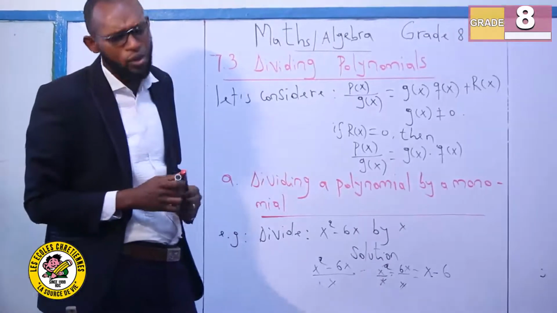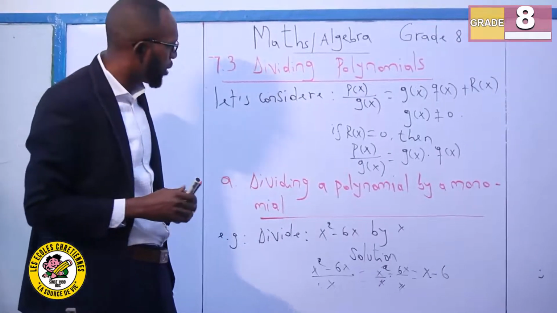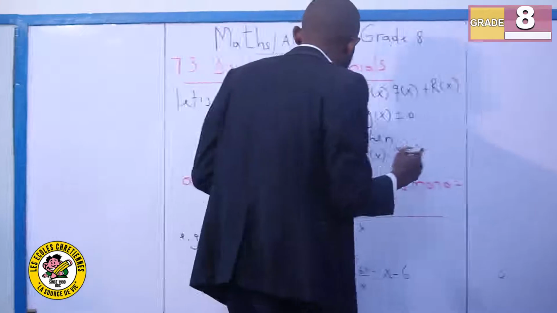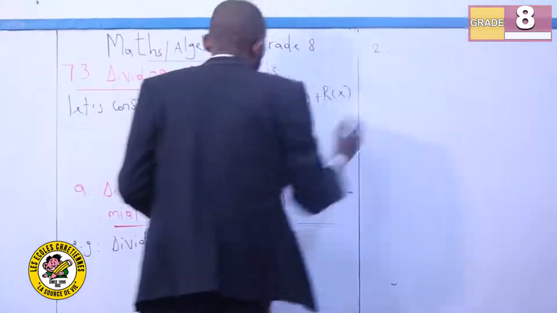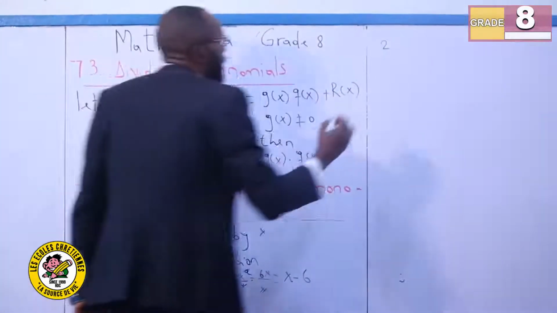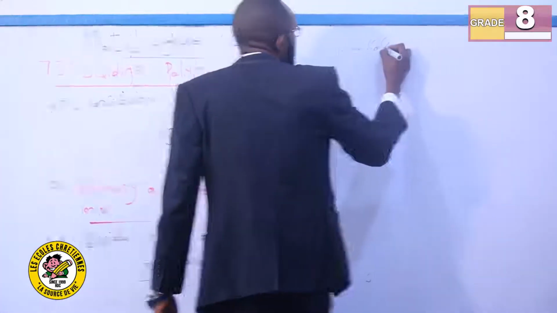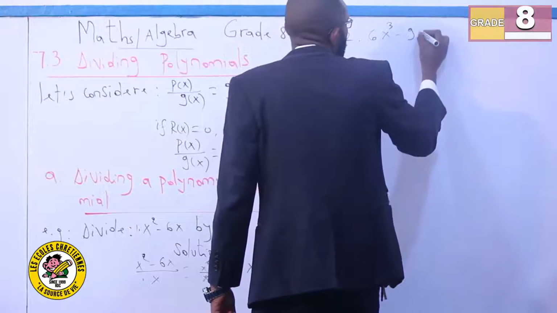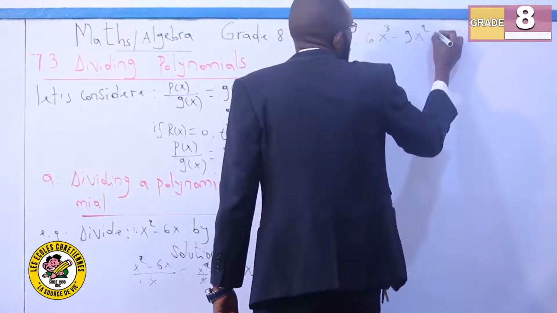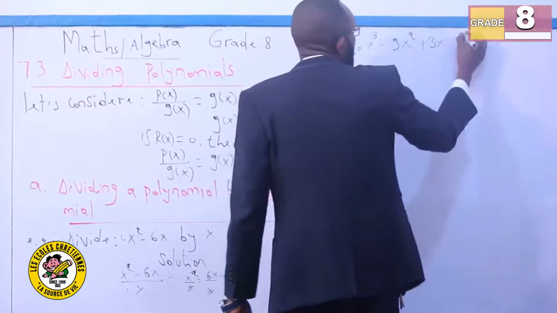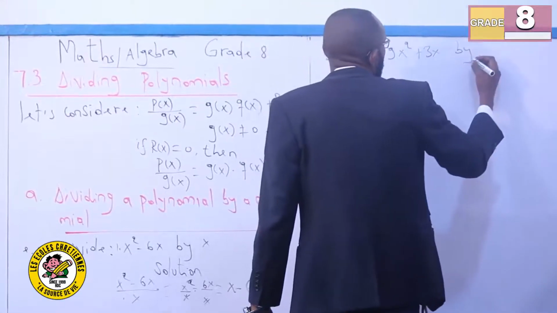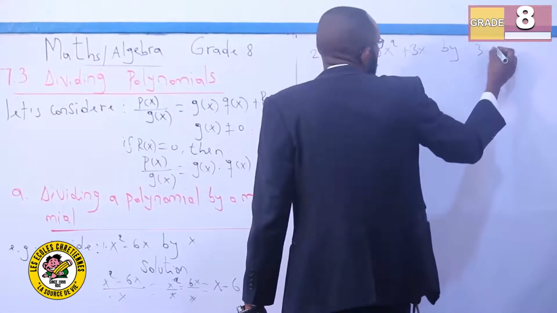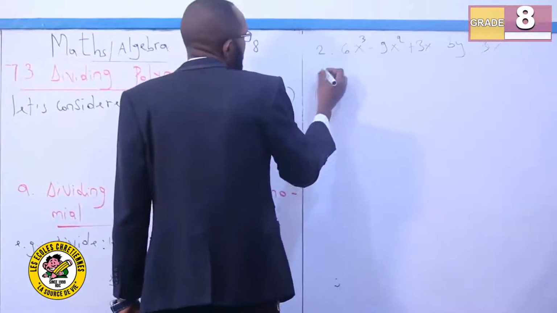This is very easy to operate. For more examples, I can give you number 2. If they give you 6x cubed minus 9x squared plus 3x, you divide by 3x. It's the same.